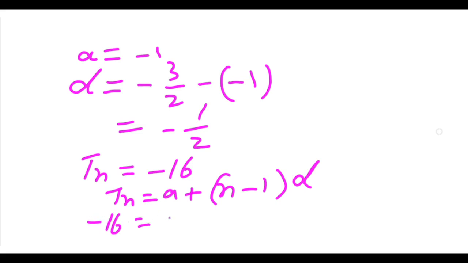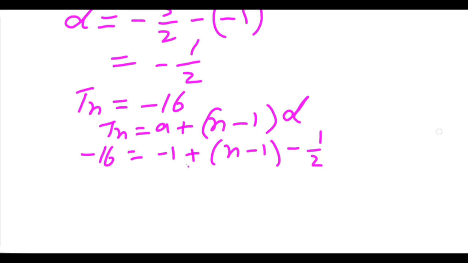-16 is equal to the first term -1 plus (n minus 1) times d, which is -1 over 2. Now -1 I move to this side, it becomes positive, so -15 is equal to (n minus 1) multiplied by -1 over 2.